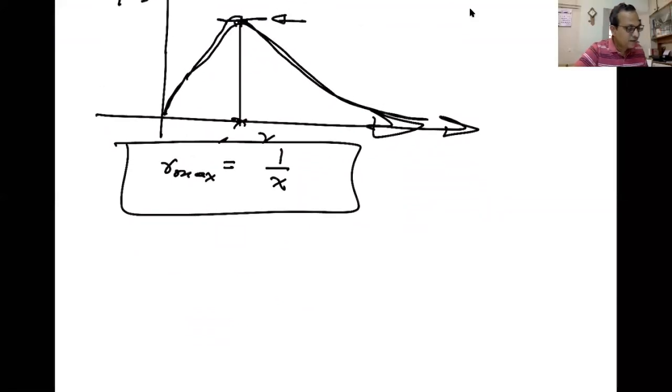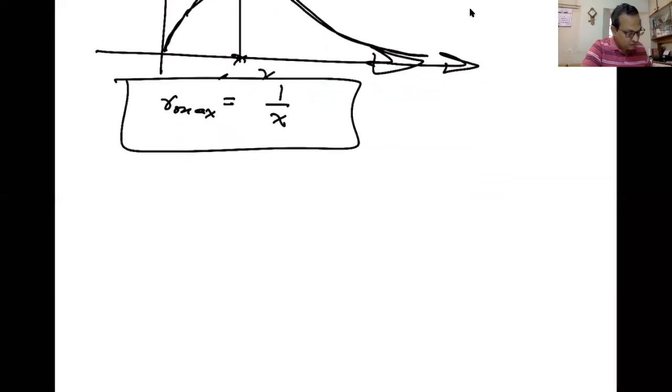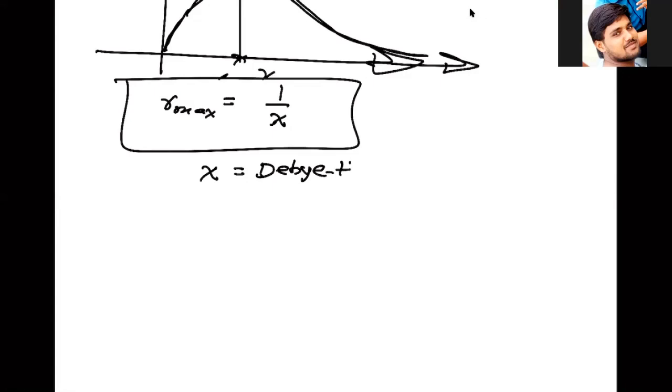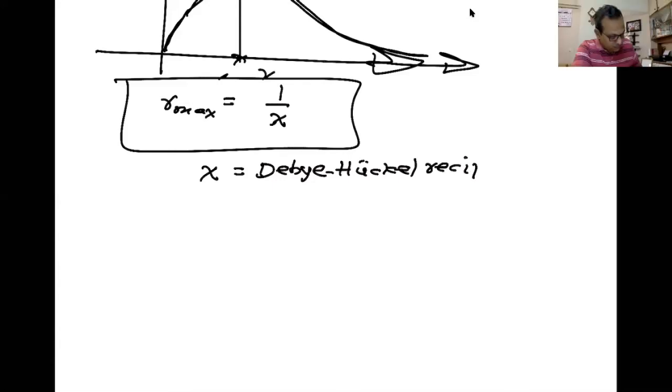And that means what? What is the interpretation of chi? Chi is called the Debye Huckel reciprocal length.